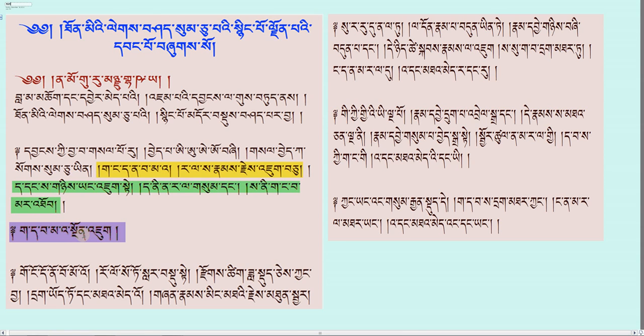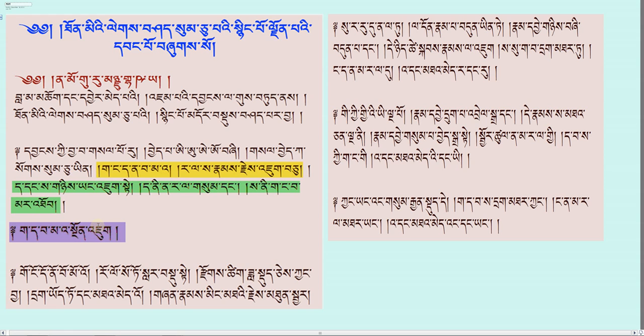So any letter that goes before the base letter or the root letter, which in Tibetan we call mingshi, is called ngunjuk.